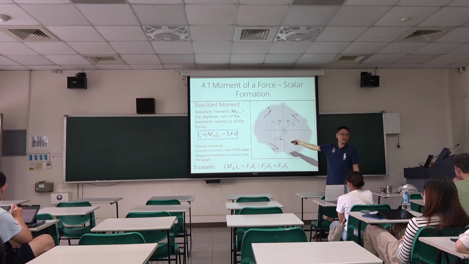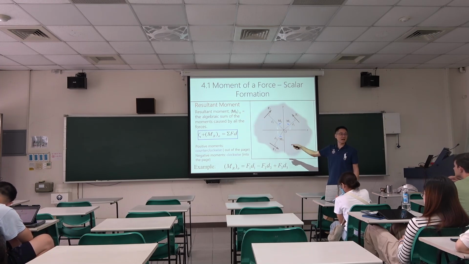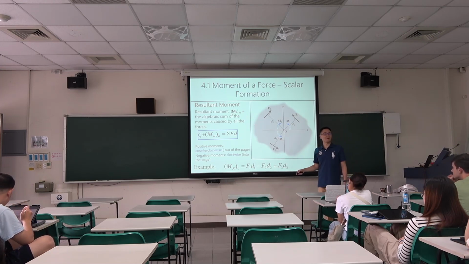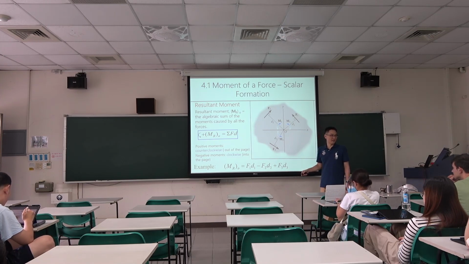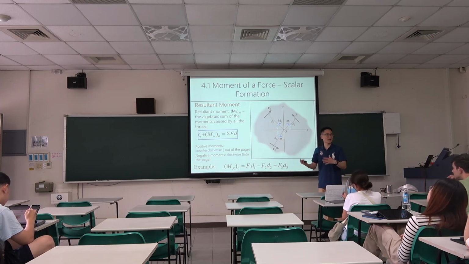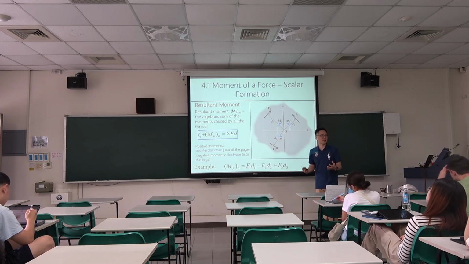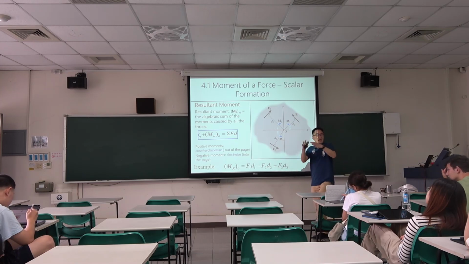This kind of system is more frequently seen in vehicles, because vehicles have lots of structural elements. They all have different loading. So we want to know those loadings and the moment combination, the resultant moment and resultant force.